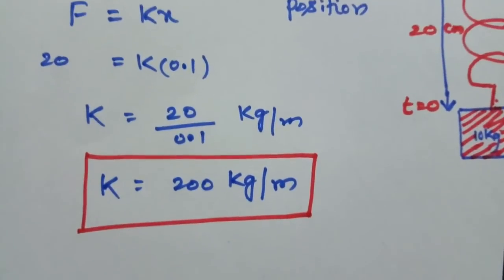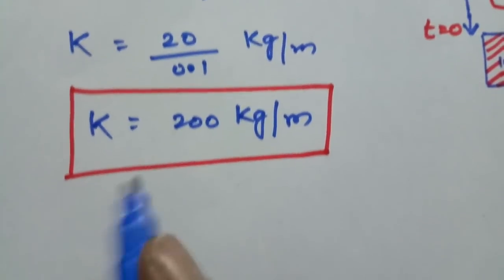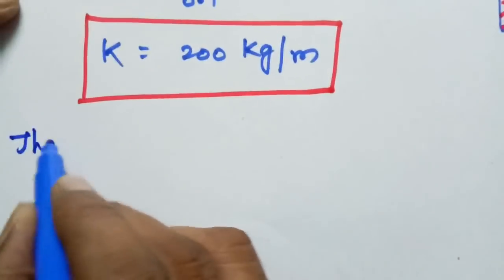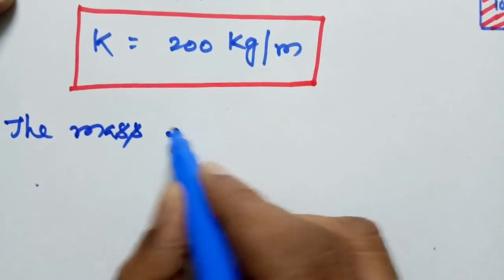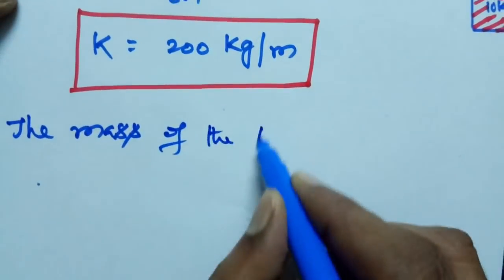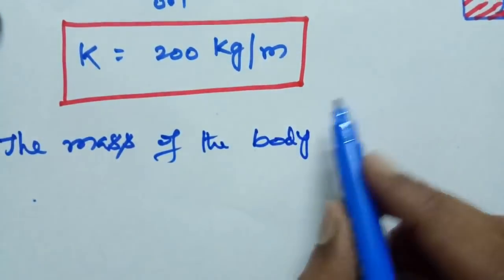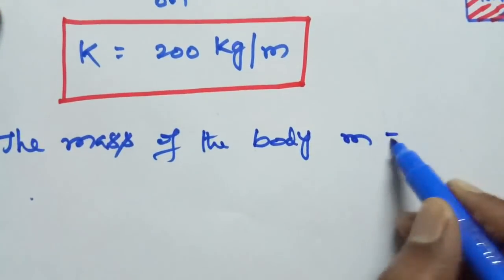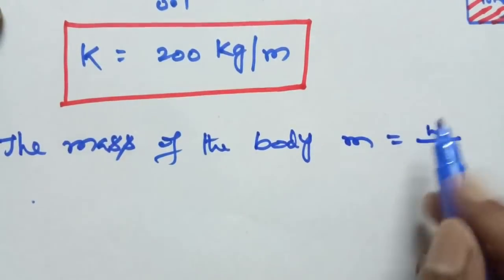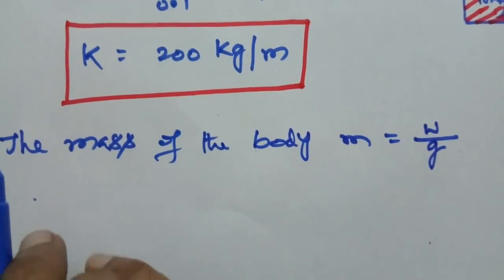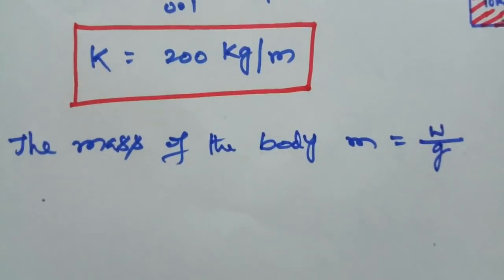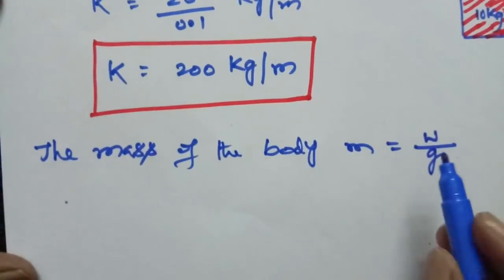Now the mass of the body, m is equal to w by g, where g is the acceleration due to gravity.